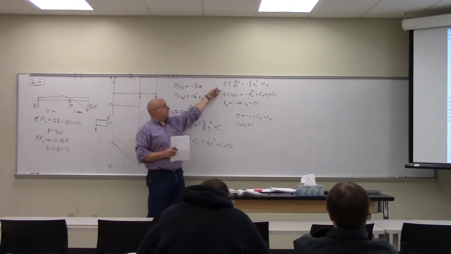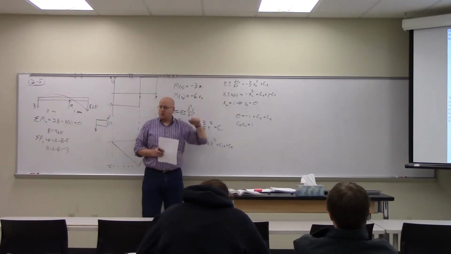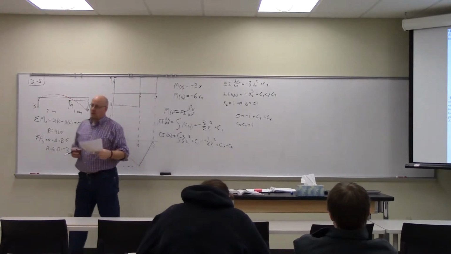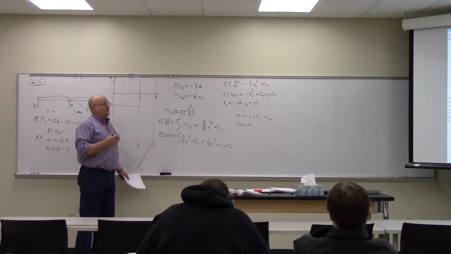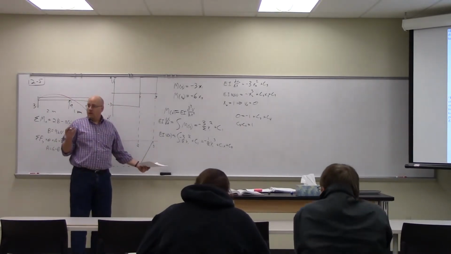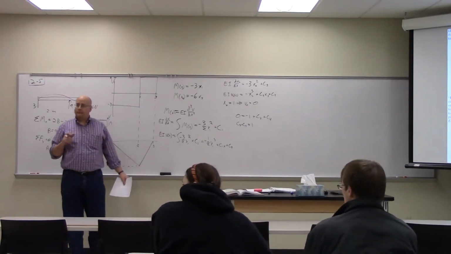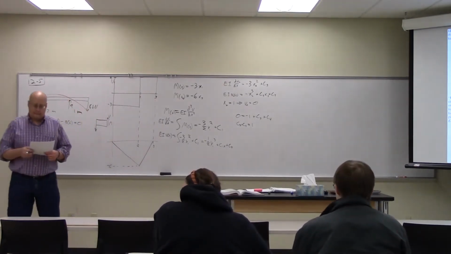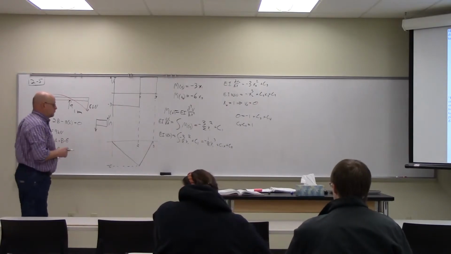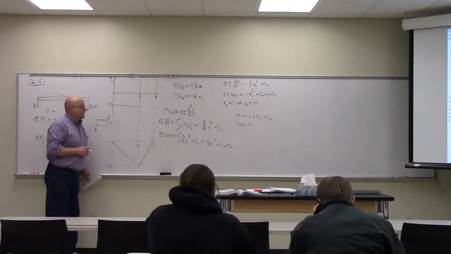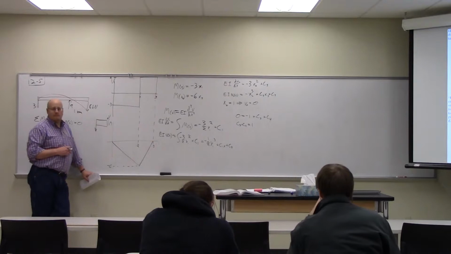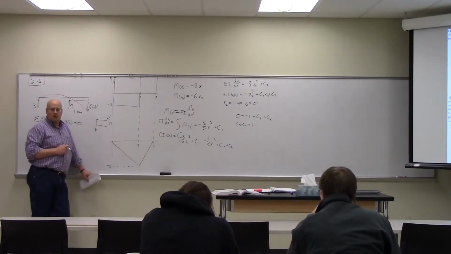I have to know something about the slope and the position. So if you're taking the integral of the moment of x1, we already know the area underneath is 1/2 base times height, 1/2 times 2 times minus 6. Could we plug that in, and then x would be 2?